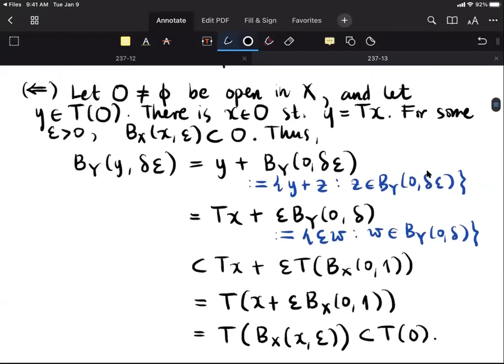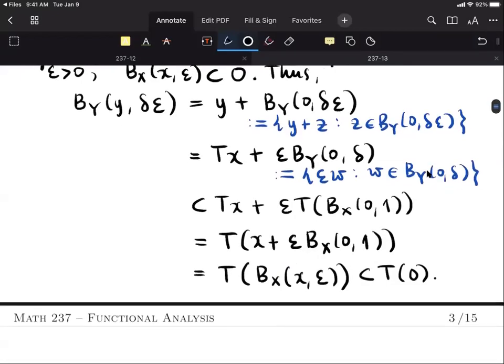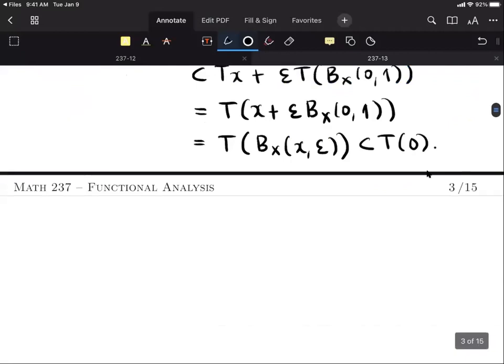So therefore, for any element y in the image set, you can find a ball centered at that point y that lies entirely in the image set.